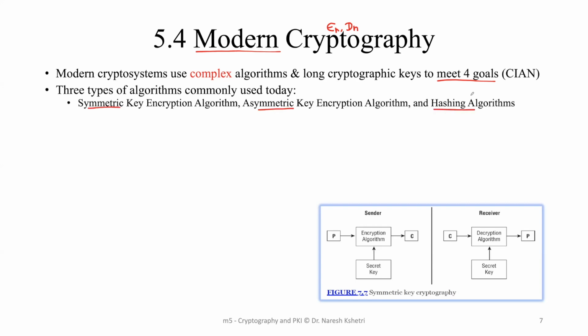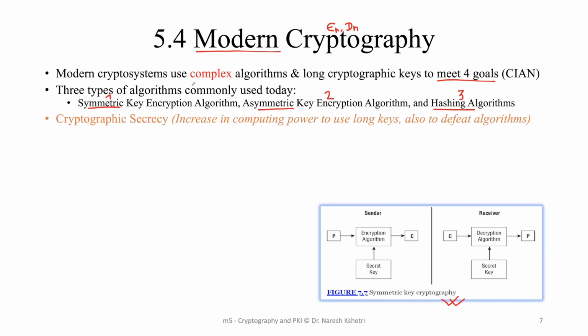In this video today I will go through the symmetric algorithm, the symmetric key cryptography process, and we will talk about some strengths and weaknesses of symmetric key encryption and how it differs from the asymmetric. We will talk about the asymmetric and the hash algorithm in our next video.